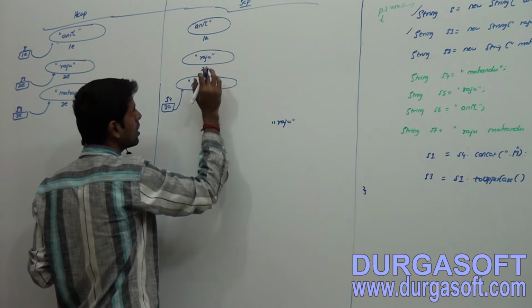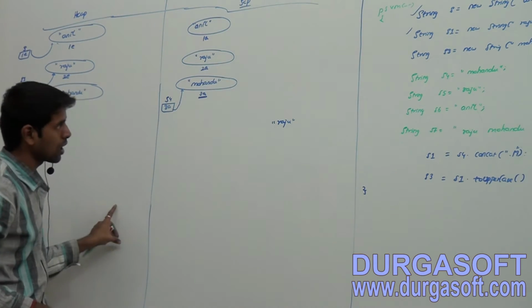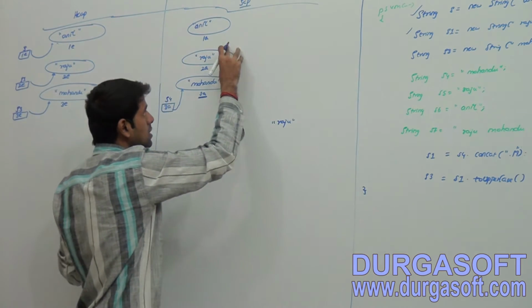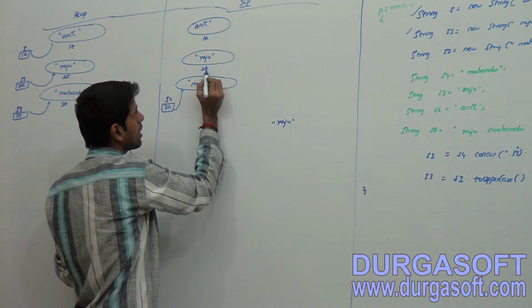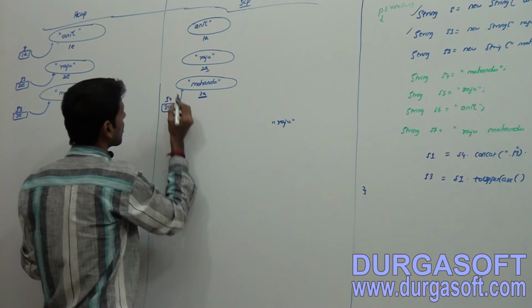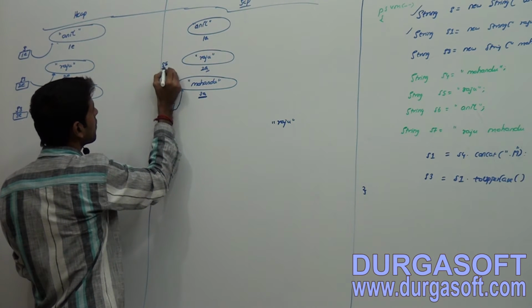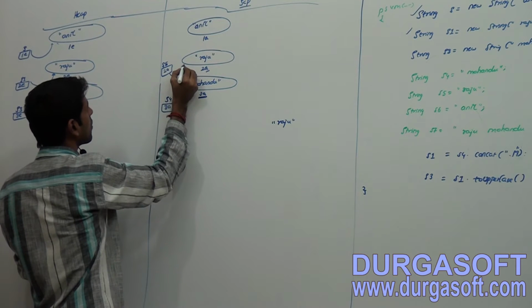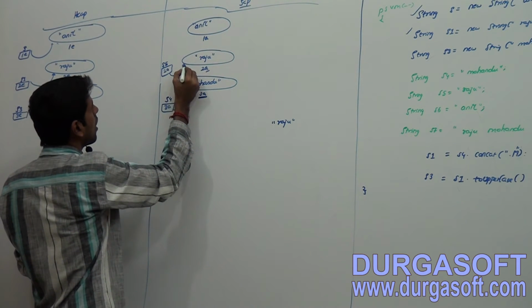If it is available, it will reuse this object. Now it will consider this object's reference value, and that will be assigned to S5. Now S5 will contain 2a. It will refer to this object.